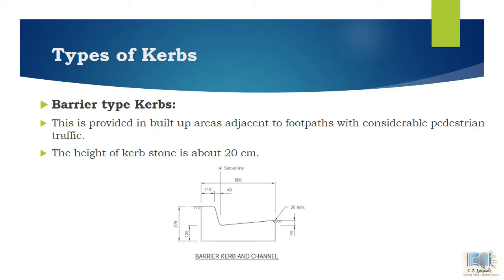This type of curb is provided where the built up area is adjacent to the footpath and the height of the curb stone is about 20 centimeter. Okay, the height of the barrier type curb is about 20 centimeter. So these are the three types of curb, that is low curb, semi-barrier type curb and barrier type curb.